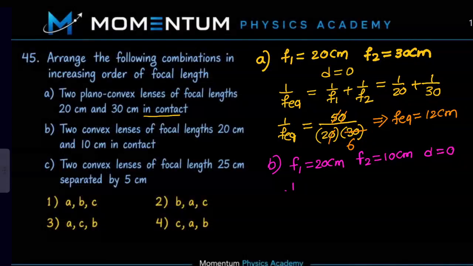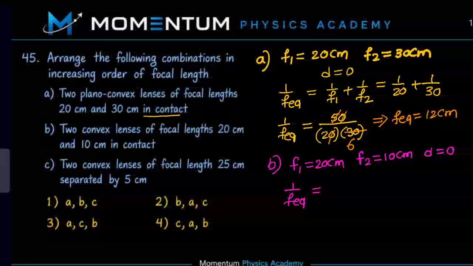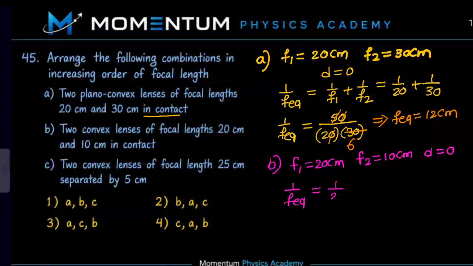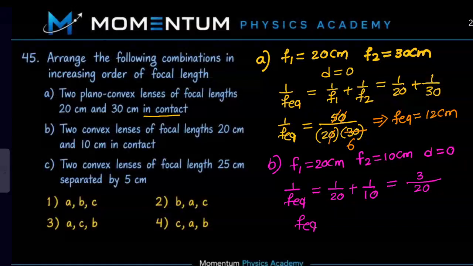Tell me in this case what will be the equivalent focal length now? That is equal to 1 by 20 plus 1 by 10. So we can say 20 only LCM, 1 plus 2. So that is 3 by 20. So that means F equivalent will come to be how much now? 20 by 3.